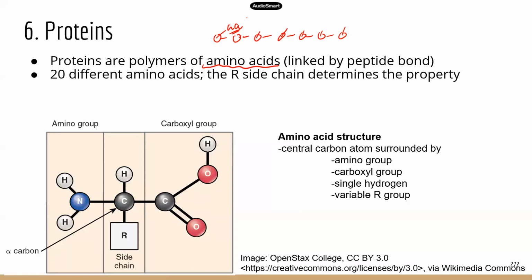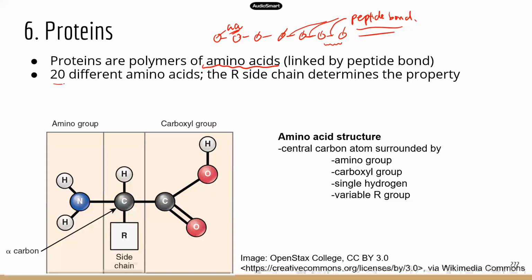Now, these amino acids are linked by peptide bonds. So the bonds over here are peptide bonds. That's the bond that links all the amino acids together to form a chain, a polypeptide chain.